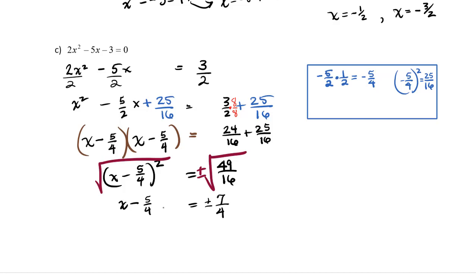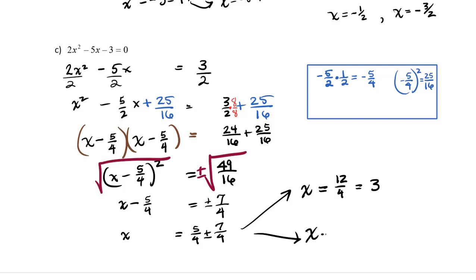Now I need to isolate the x, so I'll have x is equal to 5/4 plus or minus 7/4. I can combine these two fractions together and get two solutions. X is equal to 12/4, or when reduced, 3, and x is equal to 5/4 minus 7/4, or -2/4, which is equal to -1/2.